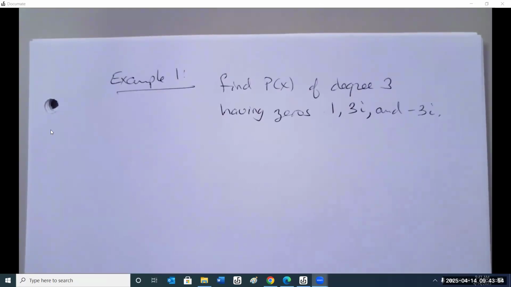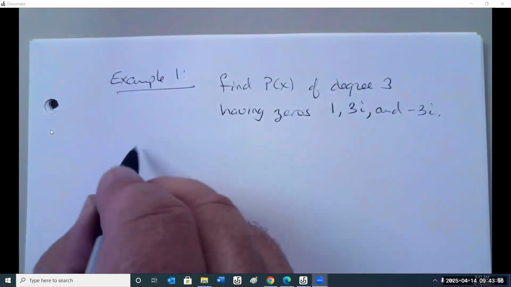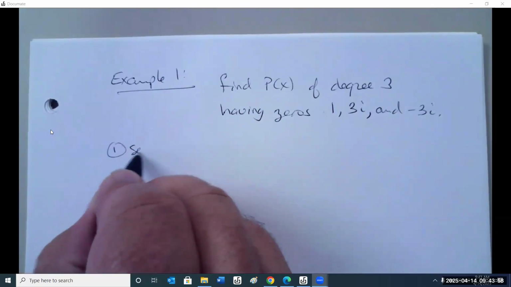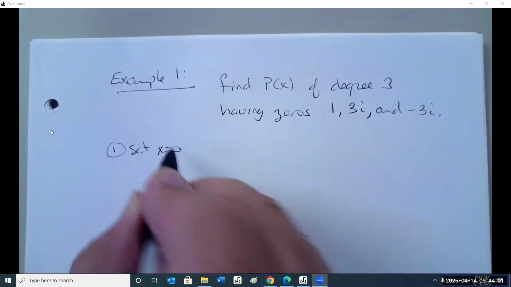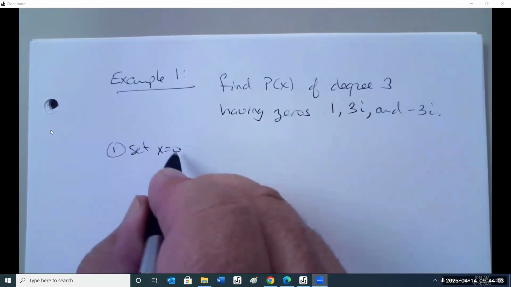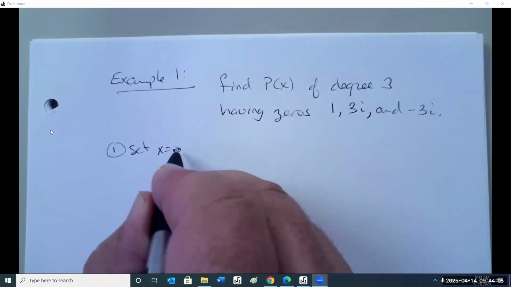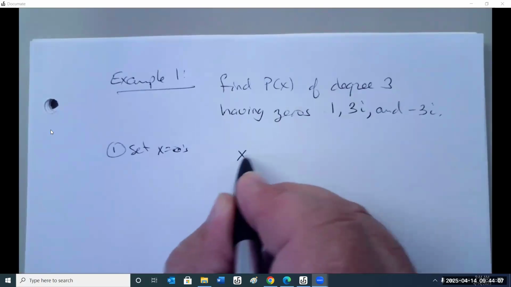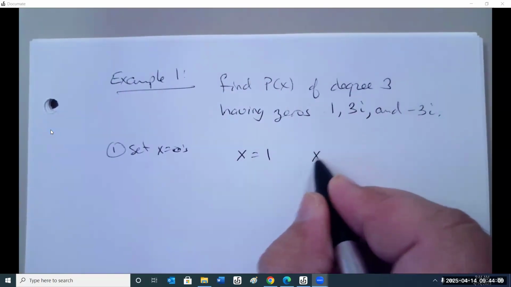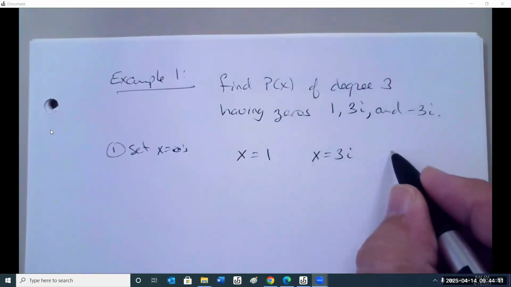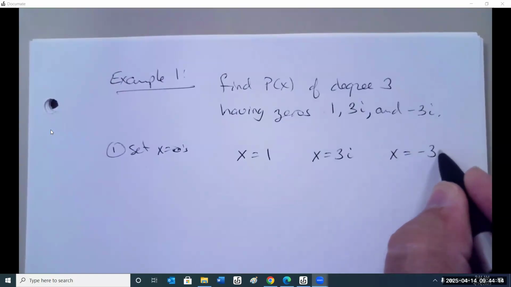So to solve this one, we first have to set our zeros. First step, set x equal to the zeros. So we have x equals 1, x equals 3i, and x equals -3i.